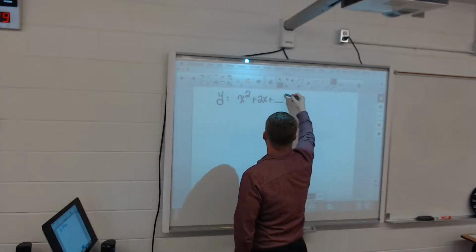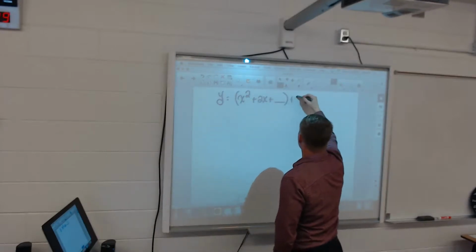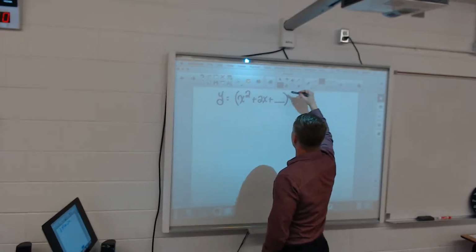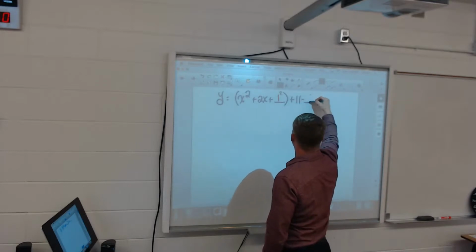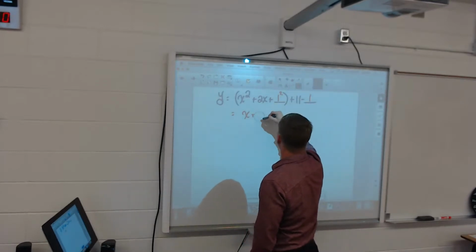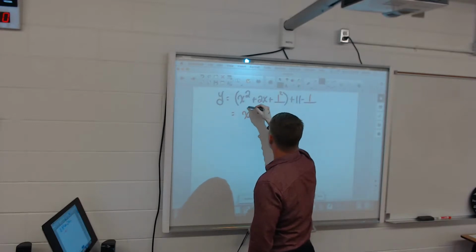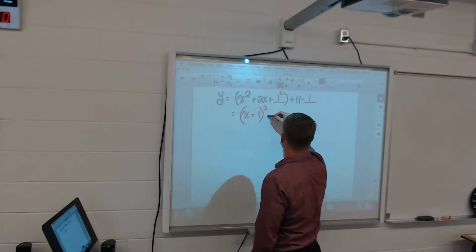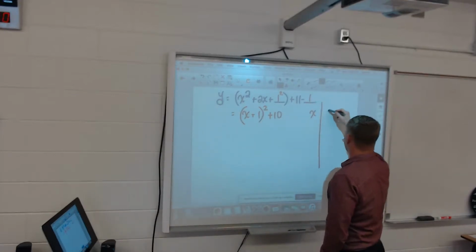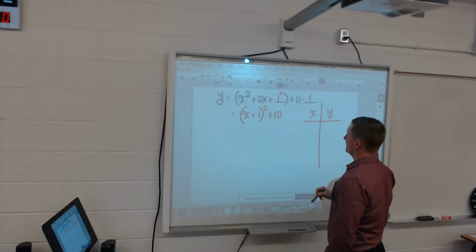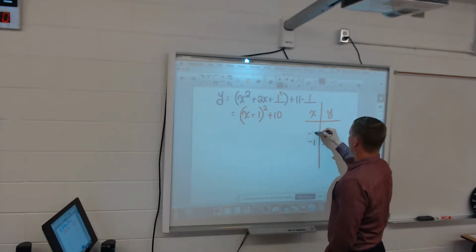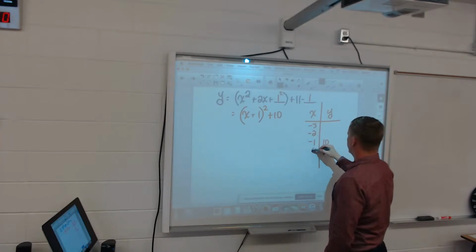What I would have done here is I would have subtracted that. I would have completed the square just to get it into vertex form. And then I go -2, -3, and I go 0 and 1.